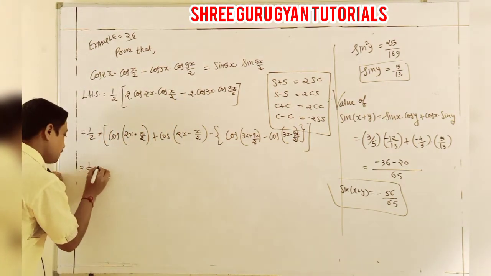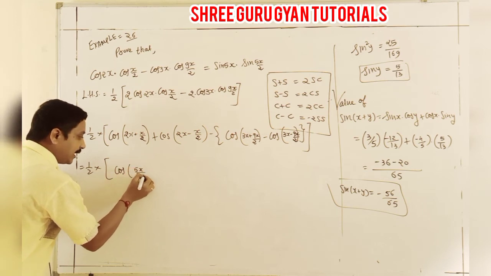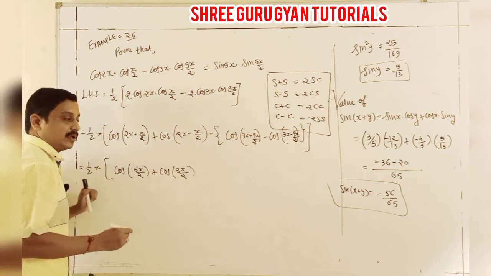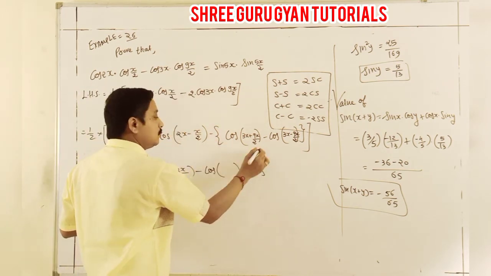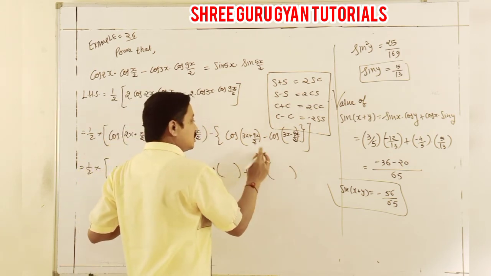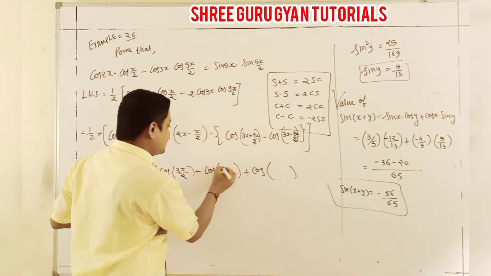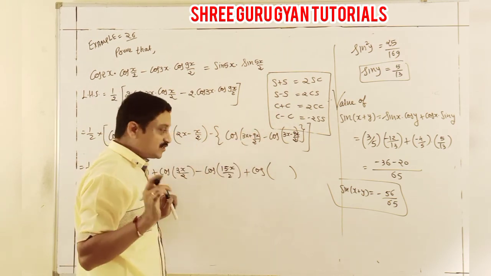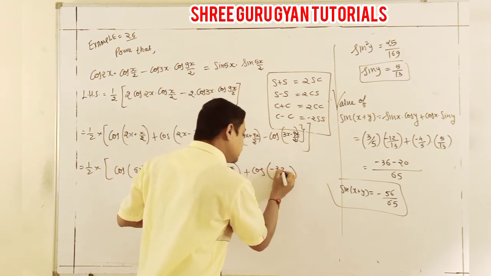Check. Half the same. Cos: 4 plus 1 is 5, 4 minus 1 is 3. And here cos, and here minus minus plus cos. 3 to the 6, 6 and 9 is 15x by 2. Again repeat, 9 plus 6 is 15, and here 6 minus 9 is minus 3x by 2.